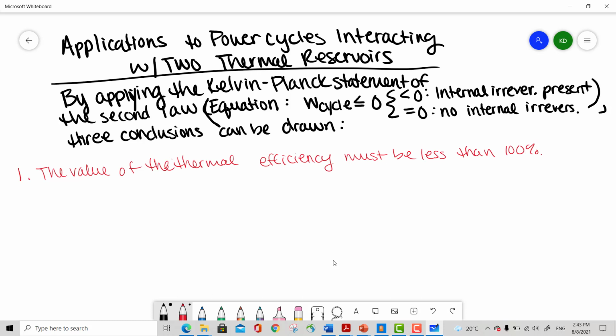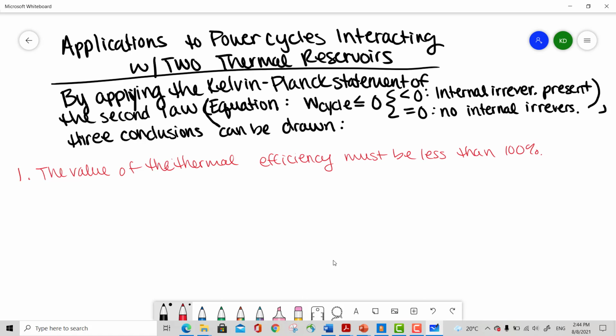You're going to have some loss, whether it be due to friction from what's moving inside of your system, or just how well your system is insulated. Maybe it's just going into the atmosphere. So there's a number of different ways that you can lose this efficiency. So that's why we can draw this conclusion. The value of the thermal efficiency must be less than 100%.